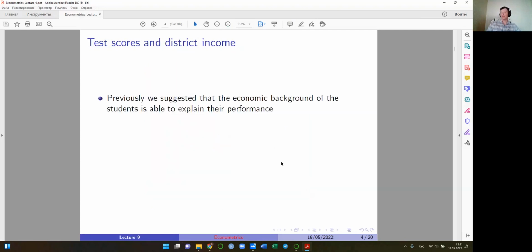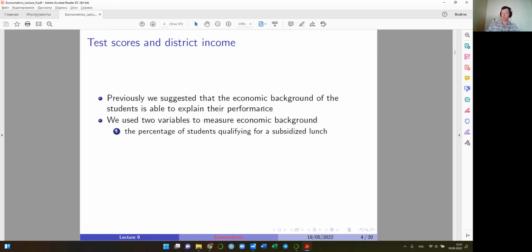Okay, so for this lecture we will extend the previous example of test scores. We suggested that the economic background of students may affect the performance, and we modeled this economic background previously with 2 variables.